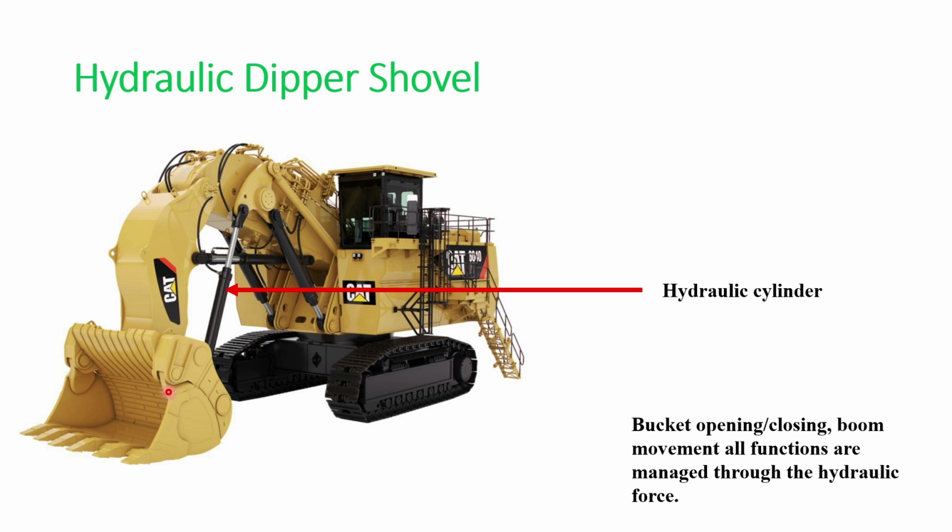And in the case of the dipper shovel, the bucket movement will be from the bottom towards the top, and it will dig from the bottom towards the top, and it will discharge the material through this point. This plate will open, and the material will be discharged through this opening.